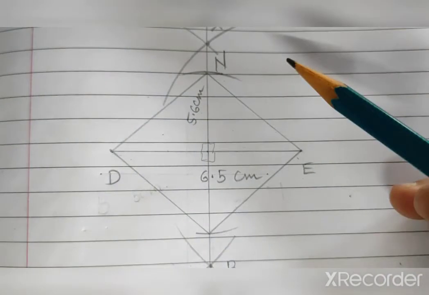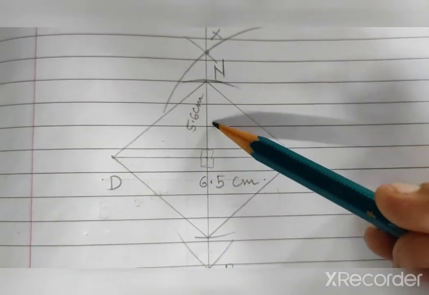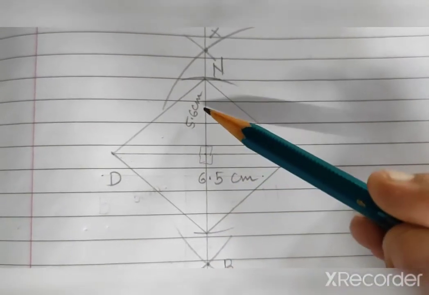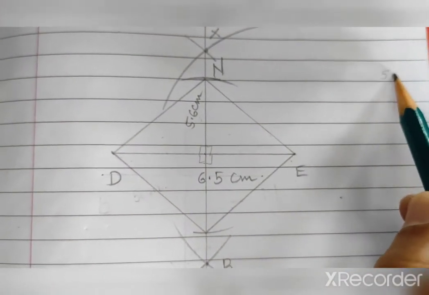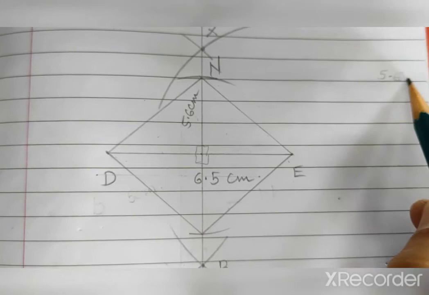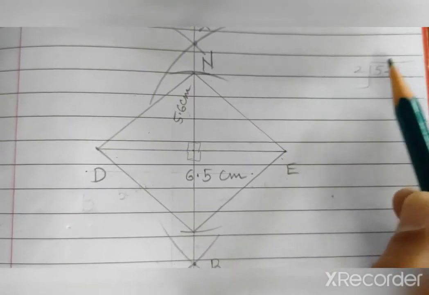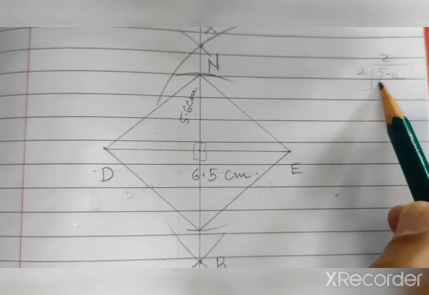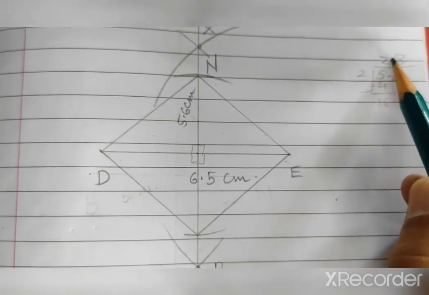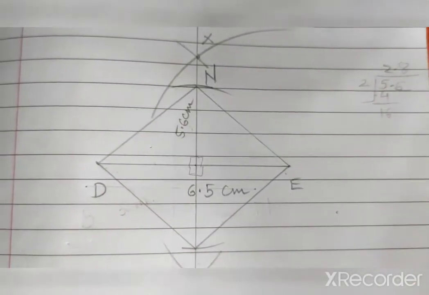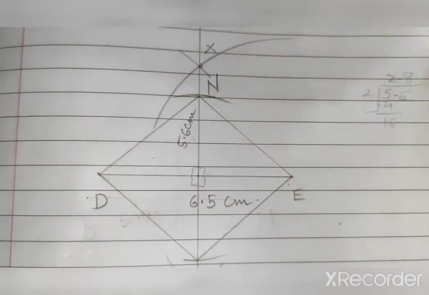Clear? Now the second diagonal length is 5.6. So what we will do? 5.6 we will divide by 2. Half of it is 2.8. So with the help of a ruler we will take a 2.8 radius.